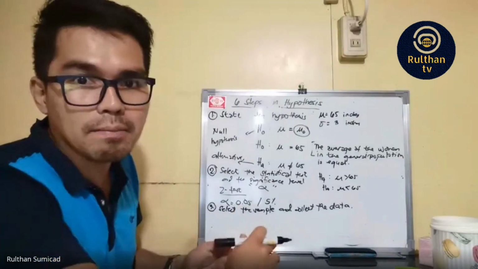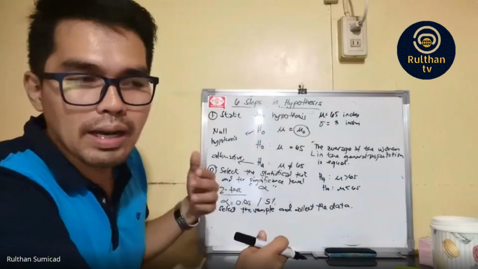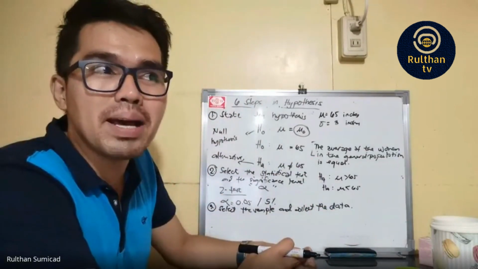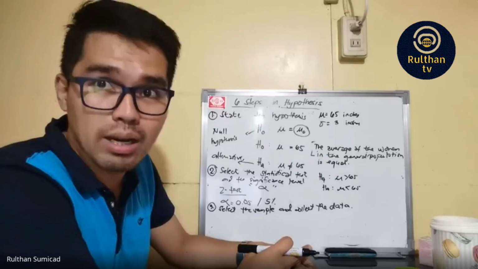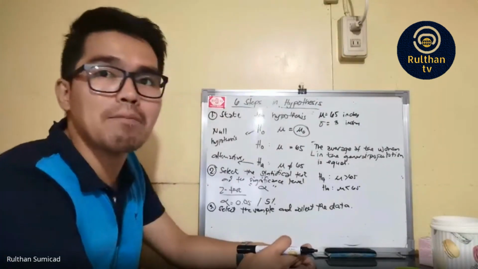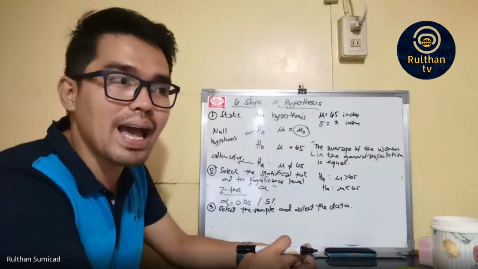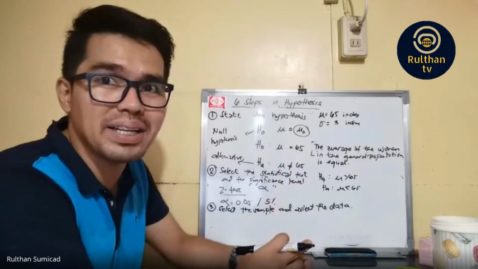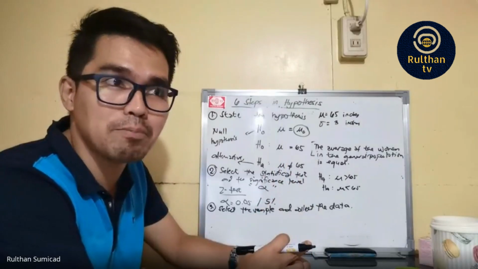Okay? But in the event of using a larger sample size, that is minimizing the risk of committing type 2 error. But the risk of committing type 1 error basically relies on your alpha value. Because if your alpha value is 10%, then there is a greater risk of committing type 1 error.